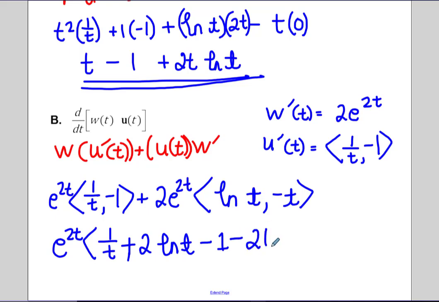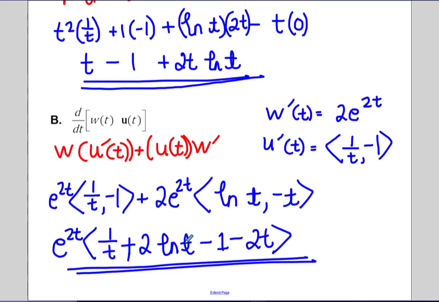So 1 over t plus 2 natural log of t minus 1 minus 2t. Okay? 2 more to go.